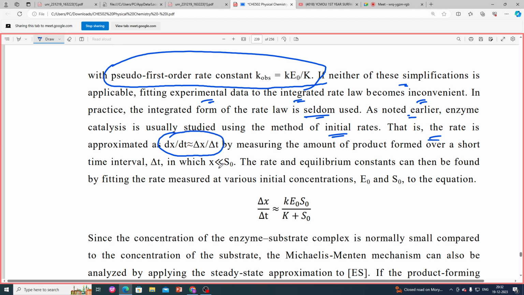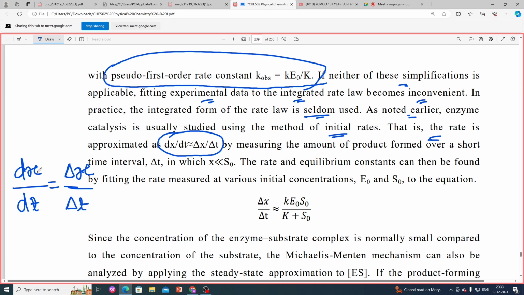nearly equal to delta x on delta t. यहाँ पे मैंने आपको पहले बोला था here dx by dt equal to delta x by delta t.